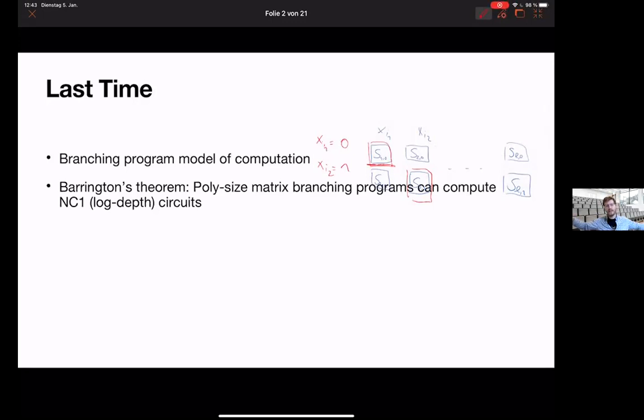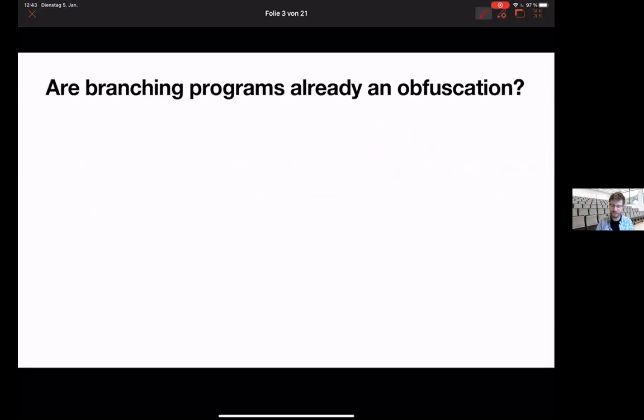NC1 is a class which captures mostly parallel computations, or computations which can be performed in parallel but don't take a lot of time. They are not very deep. Okay, so that's a quick recap of what we did last time.